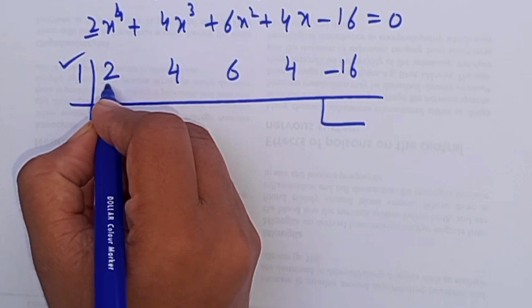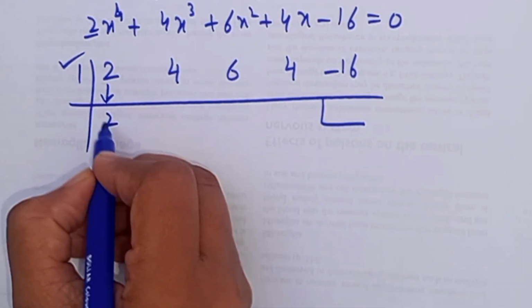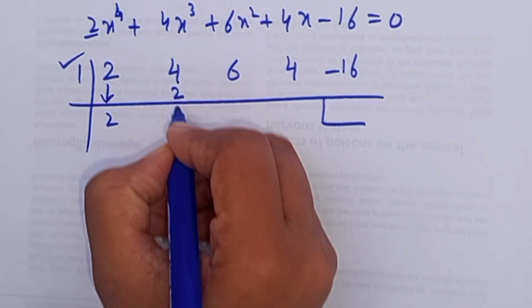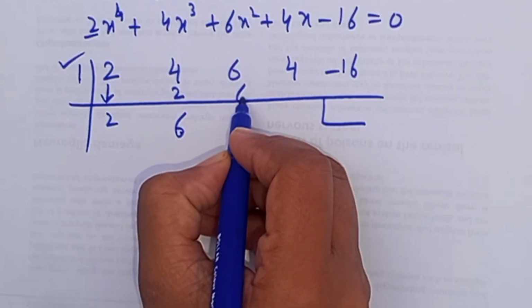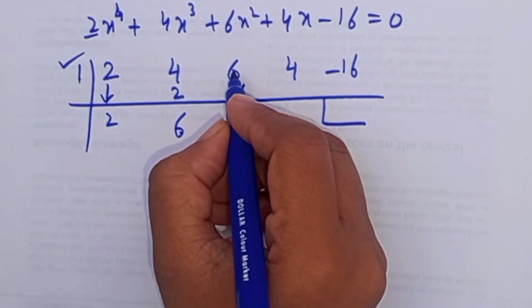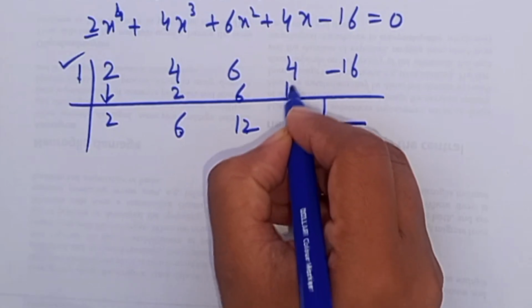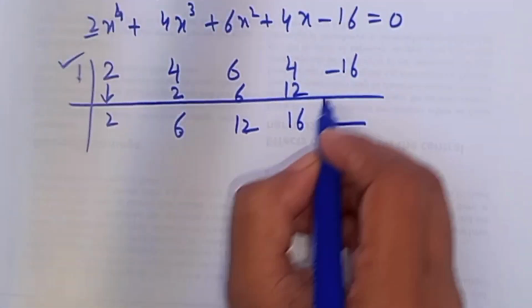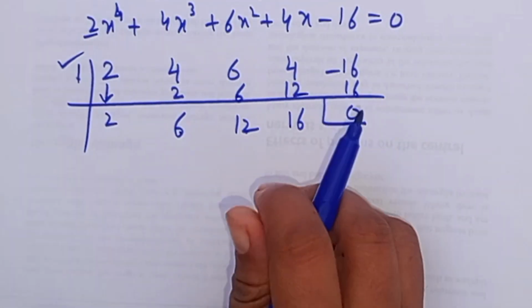So let's start. We write this 2 as it is. Now multiply 1 by 2, we get 2, and 4 plus 2 is 6. Multiply 1 by 6, we get 6, and 6 plus 6 is 12. Now multiply 1 by 12, we get 12, and 12 plus 4 is 16. Now multiply 1 by 16, we get 16, and minus 16 plus 16 is 0.